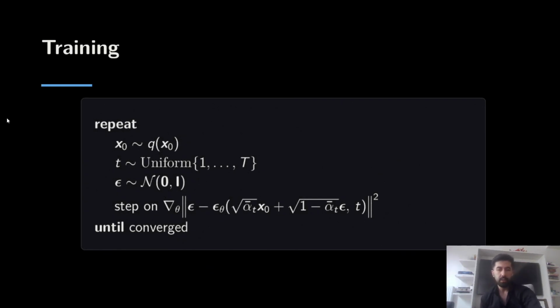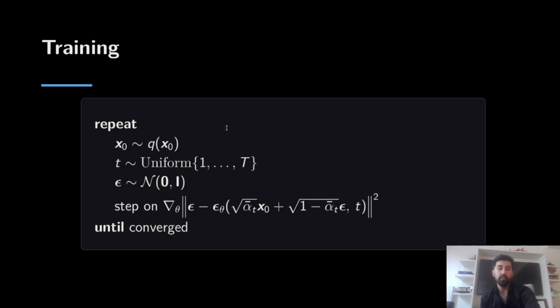Now, if you want to talk about the algorithm that they used, basically we grab a real image, okay? We pick a random timestep, we draw noise, and we do the gradient step on the squared error between the noise and the network's guess.